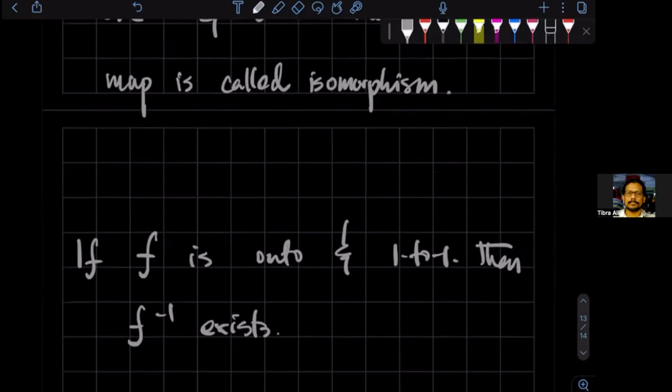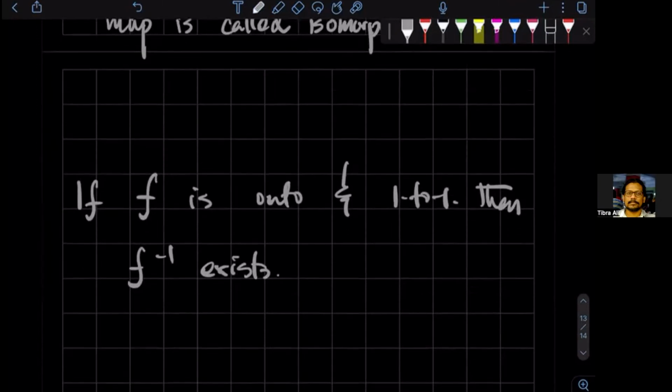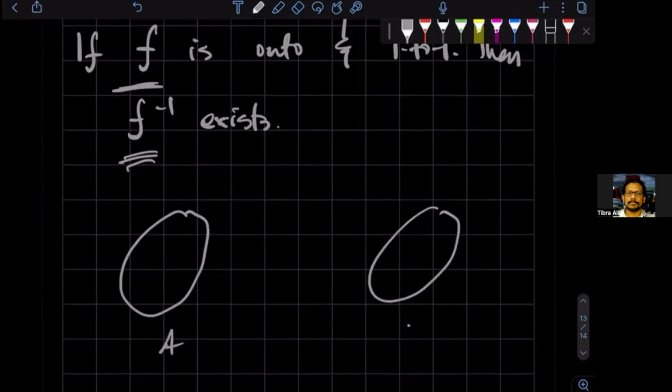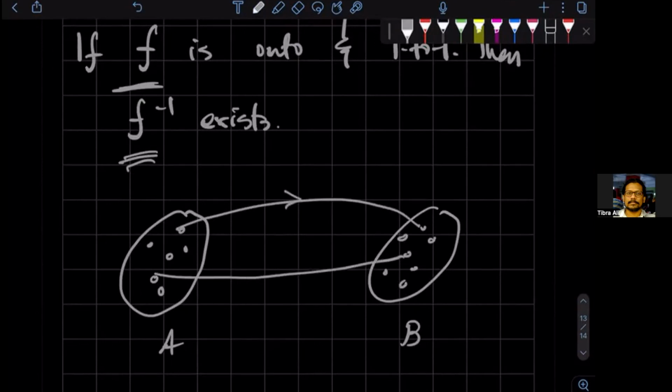So the isomorphism means that if you have such a map, then F inverse exists, right? Because you've got two sets, A and B, and every element in A has a unique element in B, in such a way that no element in B is left behind.